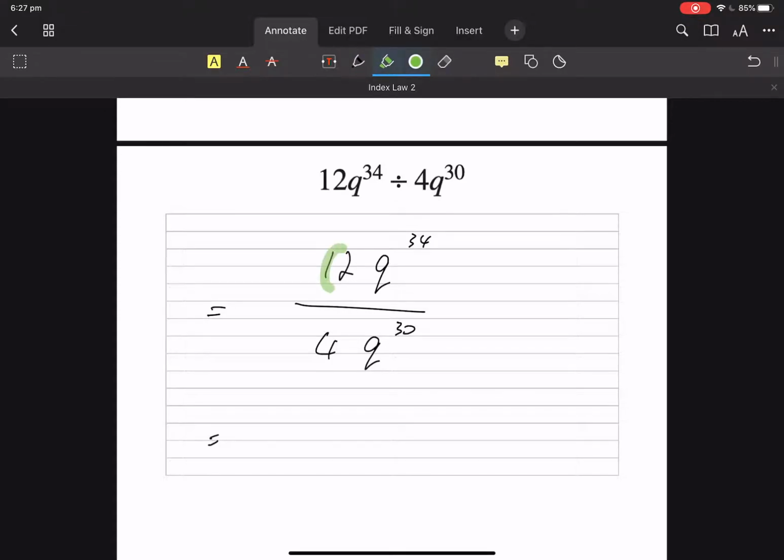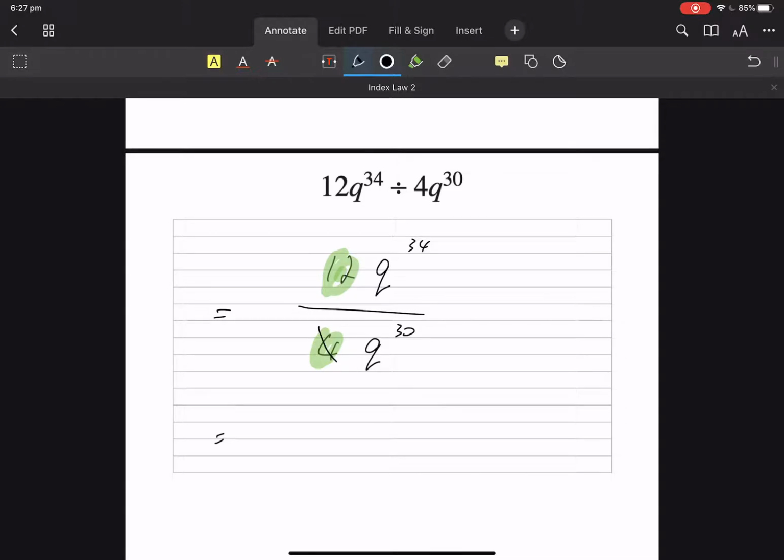We're going to get our numbers and we're going to cancel the 12 and the 4 will just become 3. I could do a 3 on 1, I don't think it matters.